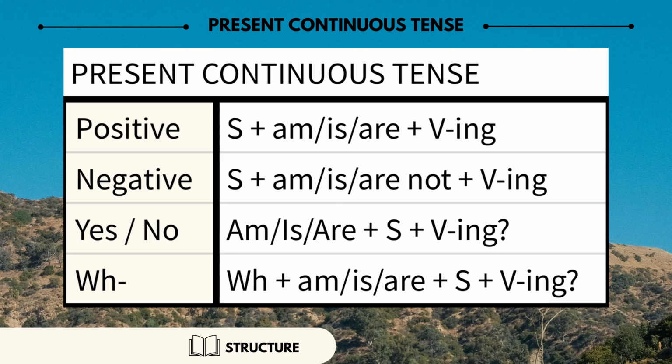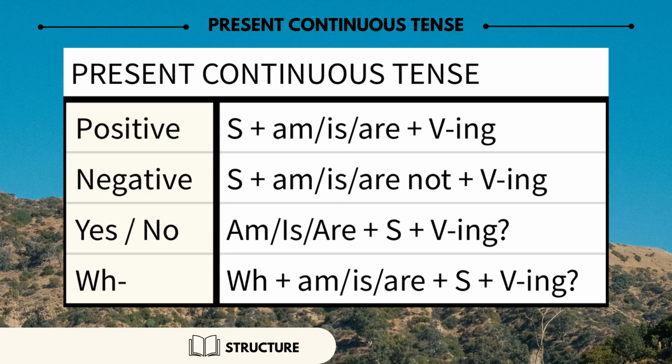If I say, she is working, it means she is in the middle of her work at this moment. If I say, they are playing soccer, it shows that the action is currently in progress. So notice, the focus is not on the grammar pattern. The focus is on an action that is happening right now.